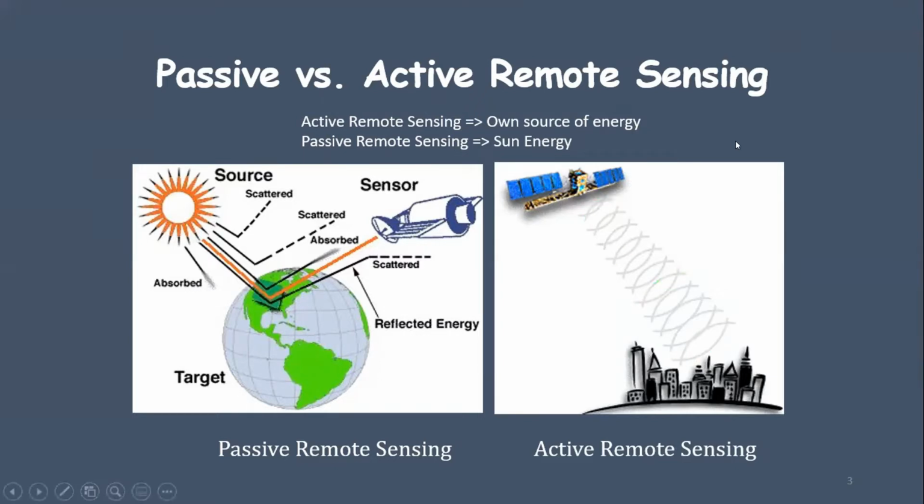In the case of altimetry, in the case of radar, the satellite does not use the sun's energy, but emits its own radiation and transmits it, and the radiation that is reflected back from the Earth surface is recorded by the sensor again. So it has both transmission and receiving capability, but in passive remote sensing, we only have receiving capability.